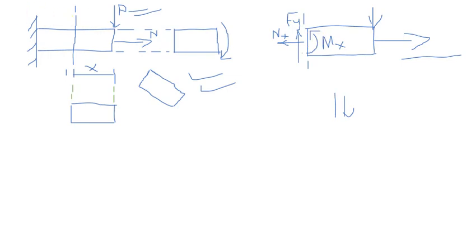It's at this point that I now introduce to you these famous guys. Fy, which you really need to stop this beam from moving downwards, is called the shear force.